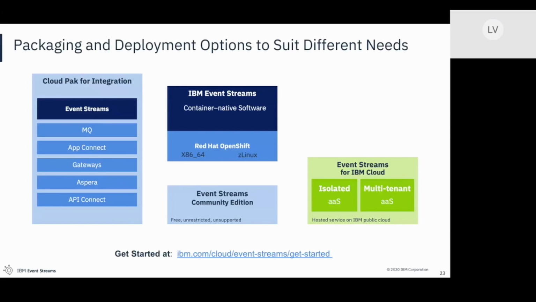Or you can leverage the usual multi-tenant environment, when you instantiate IBM Event Streams directly as a service on IBM Cloud. And you can do this almost anywhere, on premises or on any public cloud, by leveraging Red Hat OpenShift. You can instantiate and install your IBM Event Streams where you want.